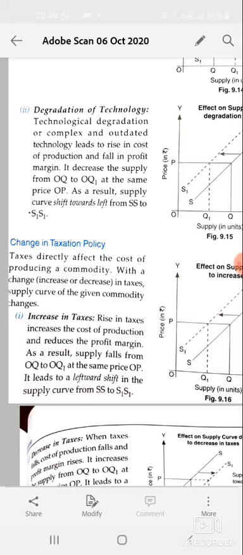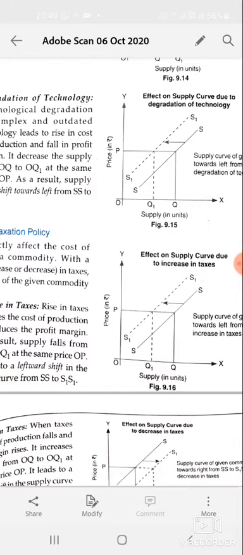Again the same thing happens here. Increase in tax means less profit margin, and less profit margin means less supply, so the supply curve will shift toward the left-hand side.